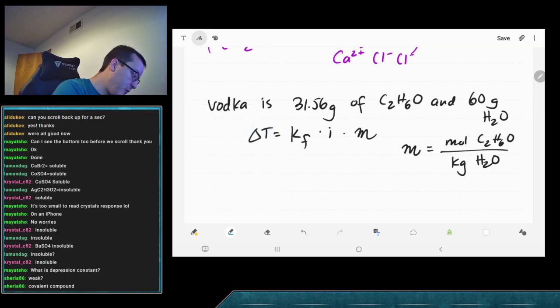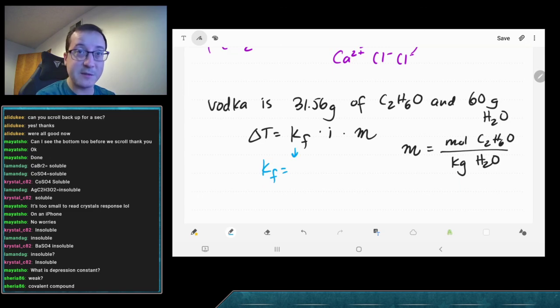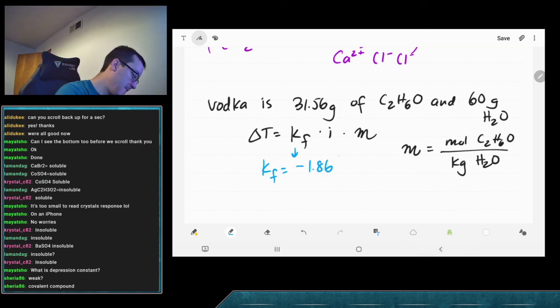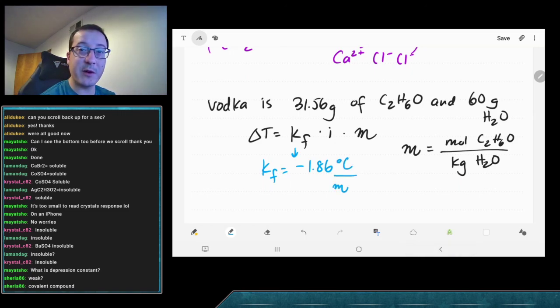So Kf for water, this is again not something you would ever need to memorize, it would always be given to you, is negative 1.86 degrees Celsius per molal. Molal, instead of molar, is with an L instead.